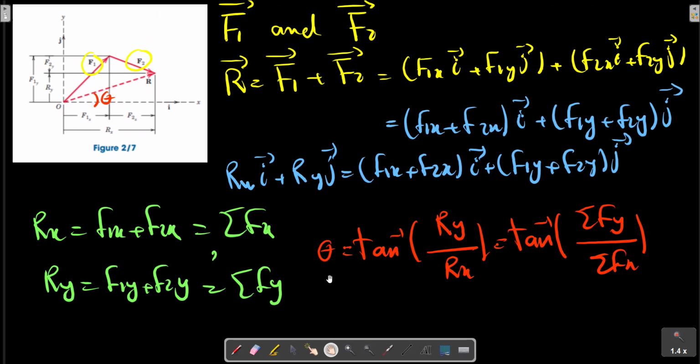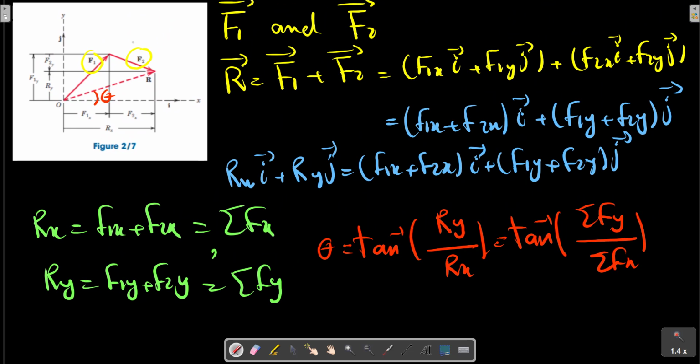In this case we can also find the components of F2 if we have this theta, for example theta 1 and theta 2. We can find the components F2x, F2y, and other components of the vectors.